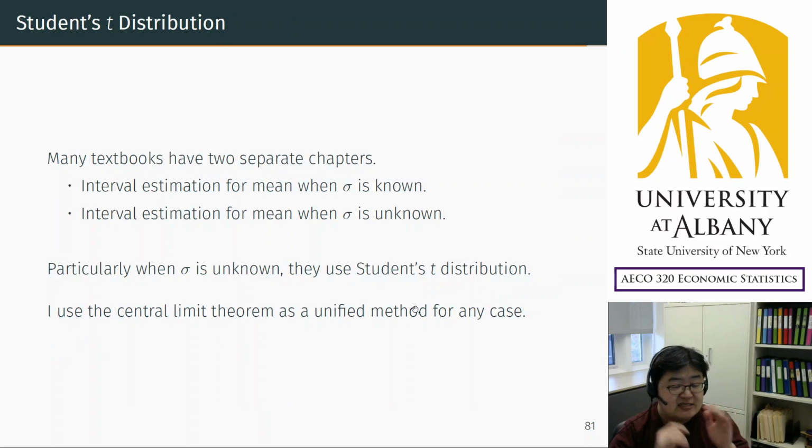Okay, my last remark is an additional remark, kind of redundant, but I get a lot of questions from students who read the textbooks or who took another statistics course. They must have learned two different theories: interval estimation when sigma is known or sigma is unknown. So standard deviation is known or unknown.